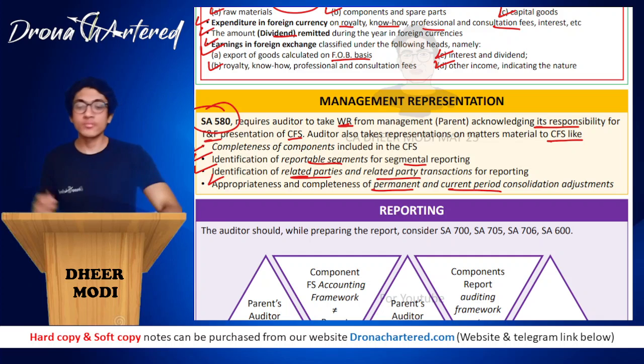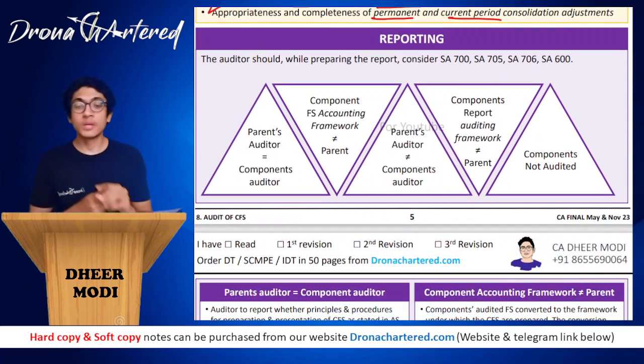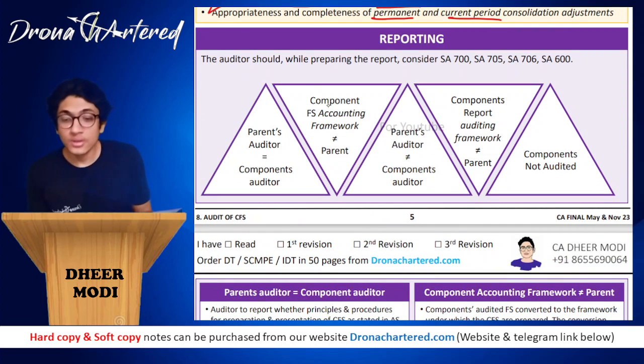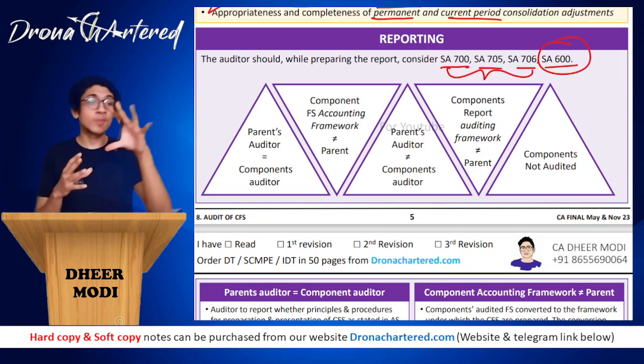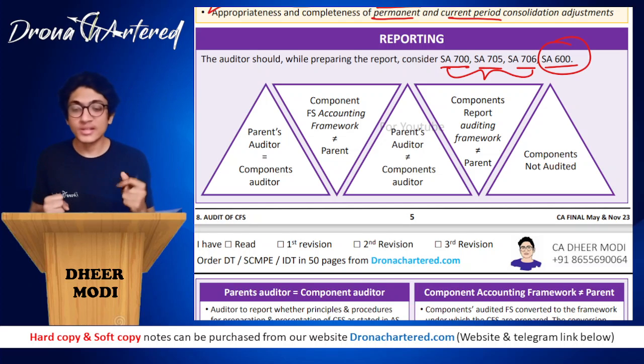Coming to the last part of the chapter, that is with regards to reporting. In such a case, the auditor shall, while preparing the report, consider again SA 700, 705, 706. These three all relate to opinion, and SA 600 is using the work of another auditor. So there are different cases. That means when the parent's auditor is not the component's auditor, because when you are consolidating your financial statements, you have to use other components' financial statements also.